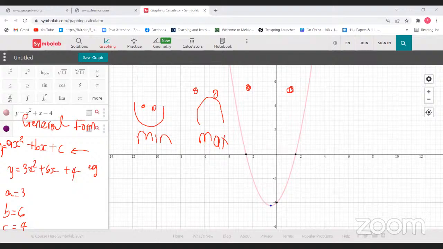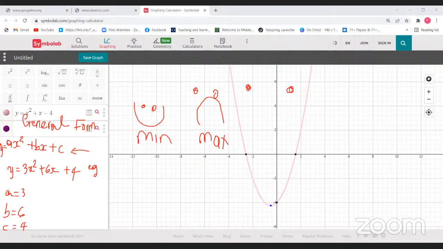So would a be x squared? The coefficient. So write this down. A is the coefficient of x squared. Write that down for me. B is the coefficient of x. And c is a constant.